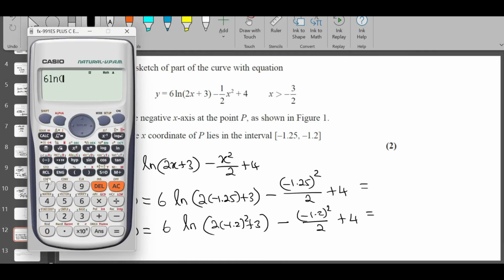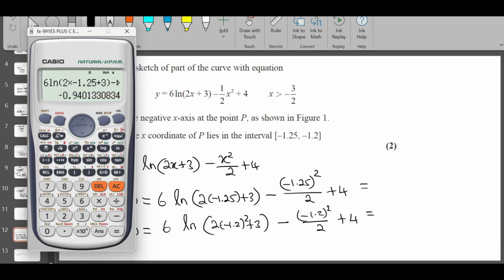6 ln(2 times minus 1.25 plus 3), close the bracket, minus x square, open the bracket, minus 1.25 square over 2 plus 4.